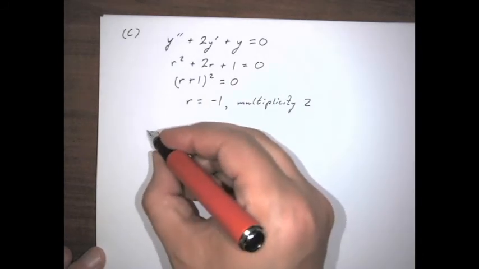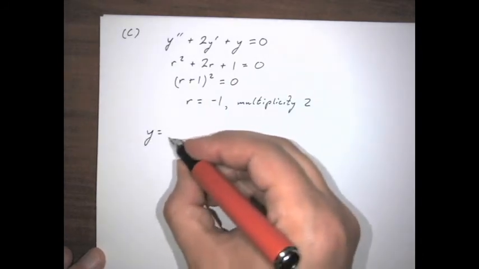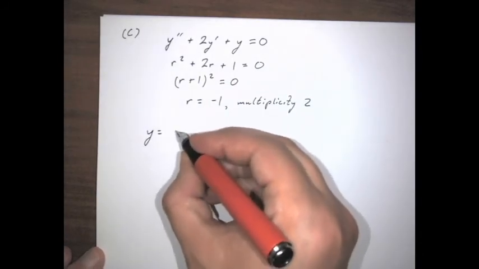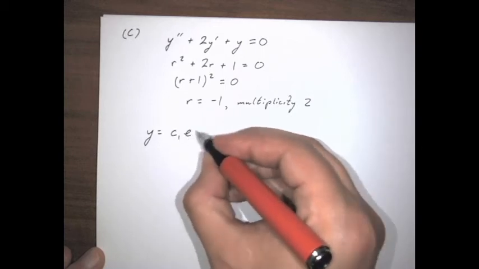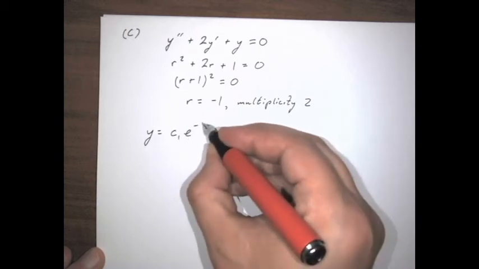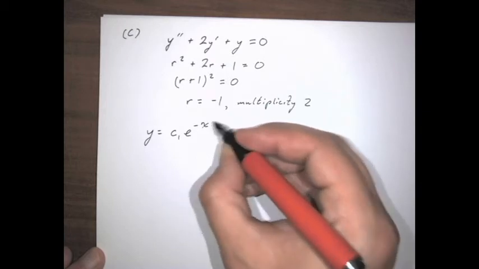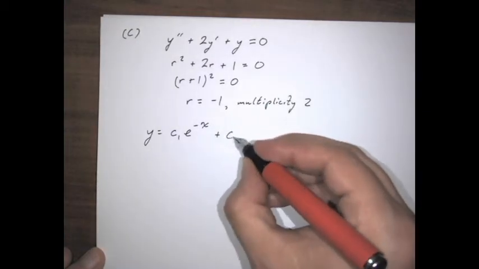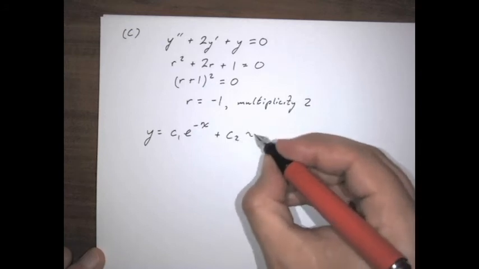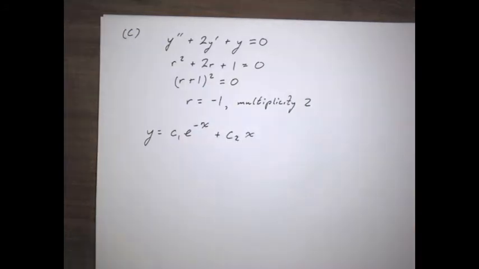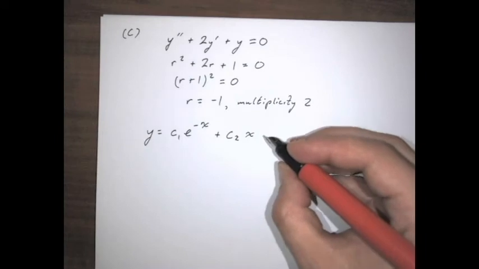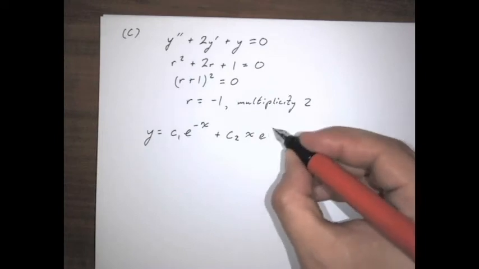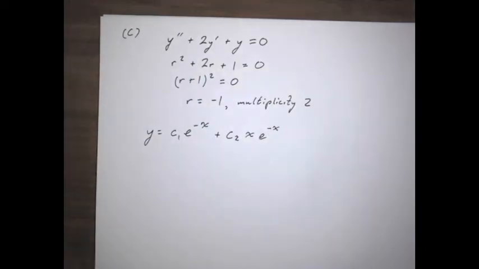So what that means is that the general solution is going to be of a special form. We're going to have c1 e to the negative 1 times x, or just negative x, plus c2. Now here's where it's special. There's an extra factor of x in front, and then it's e to the negative x.